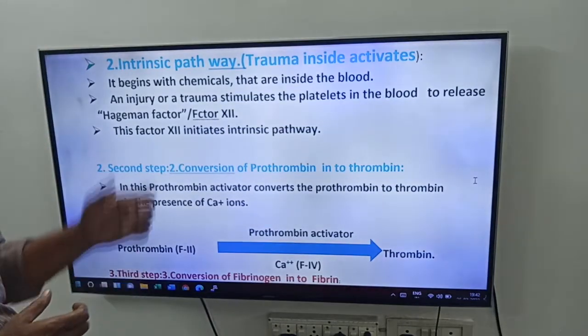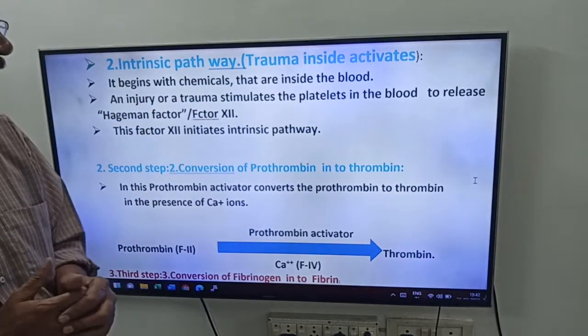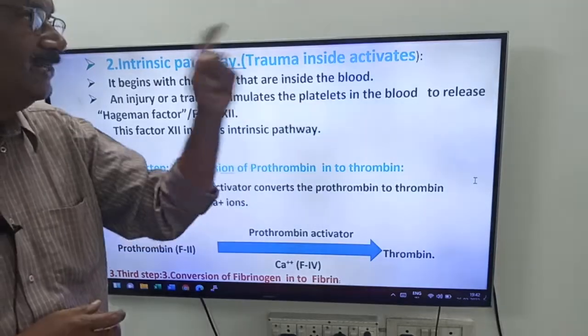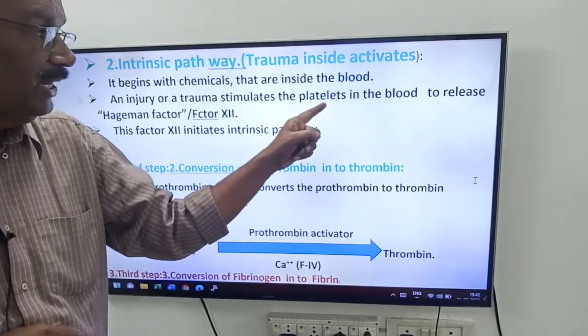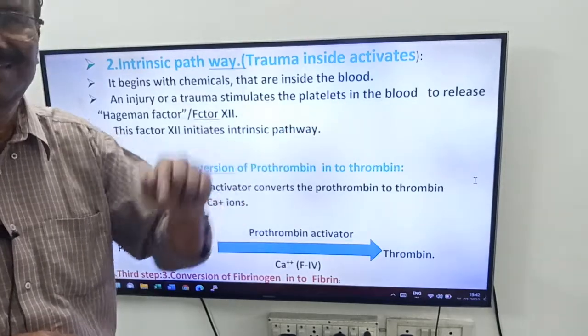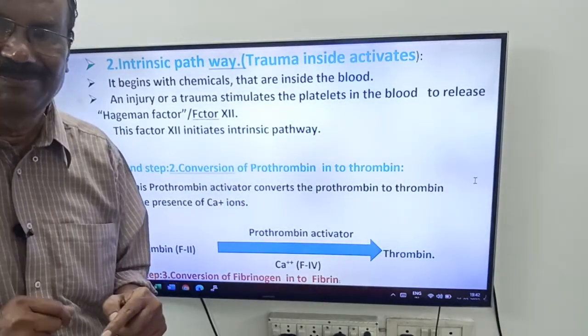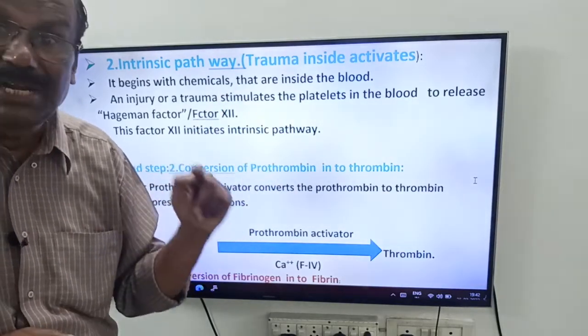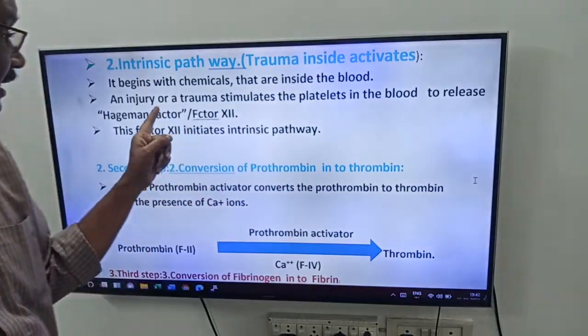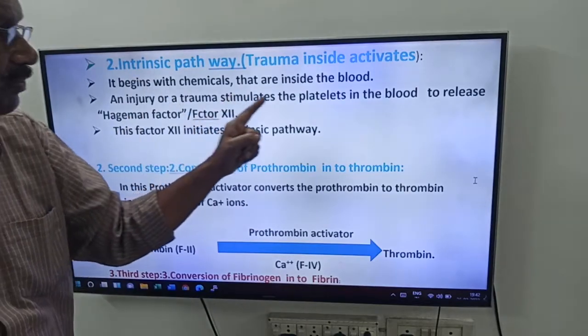Now see, friends, an injury or a trauma inside the body stimulates the platelets in the blood. An injury outside the body stimulates the tissue. Here an injury or a trauma stimulates the platelets.